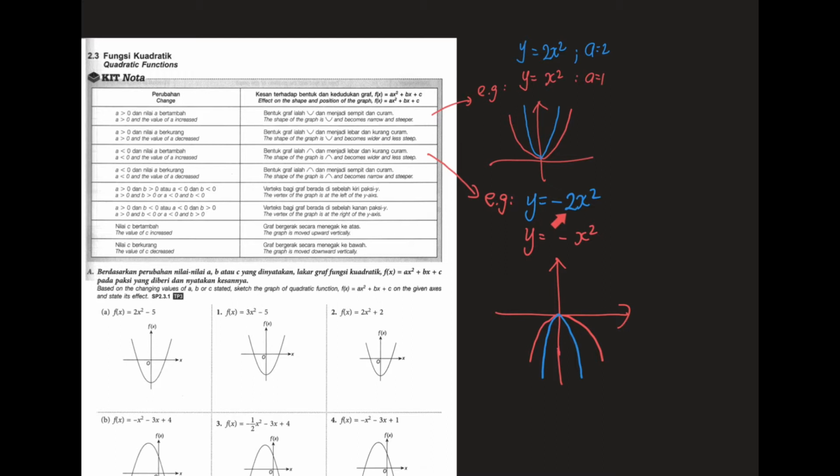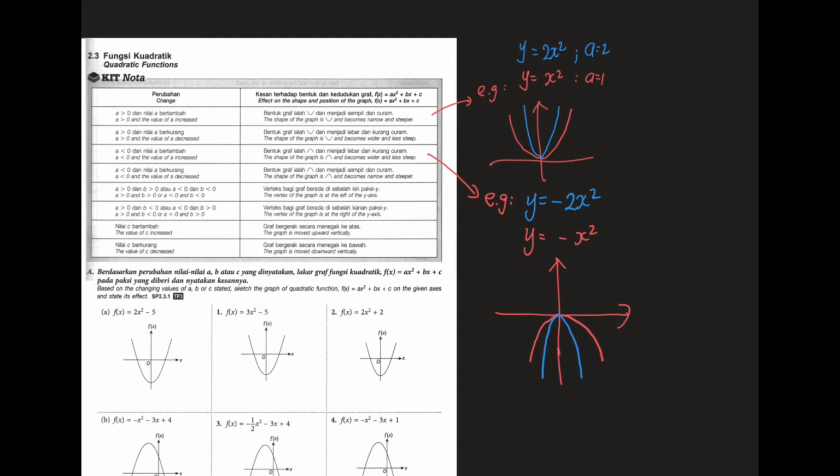So negative 2 increases to negative 1. That means the graph from the blue graph to the red graph goes from narrow and steep to wider and less steep. So that is what they're trying to say.